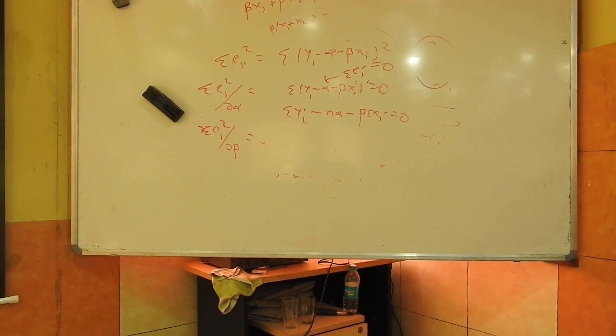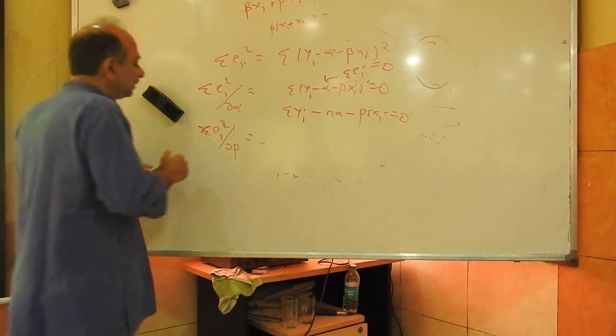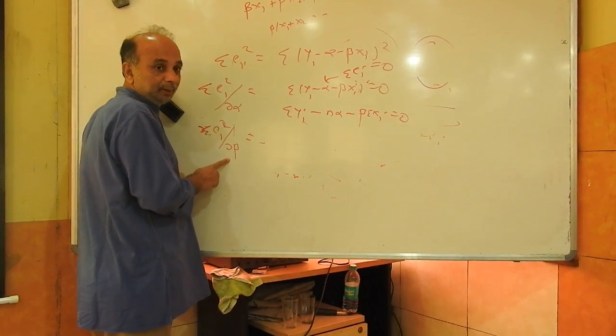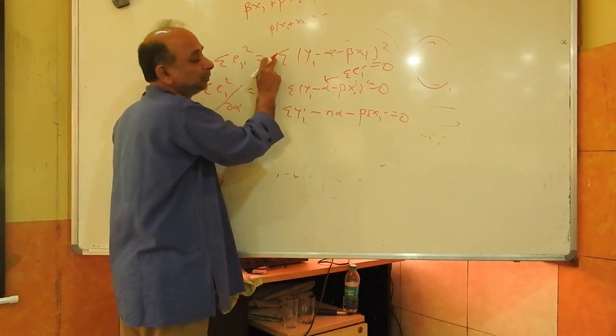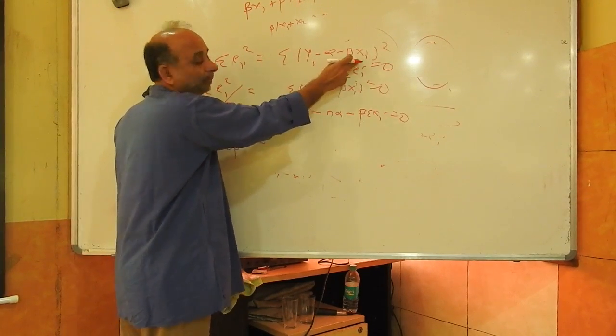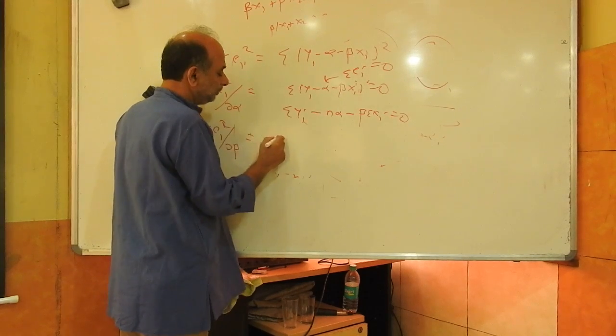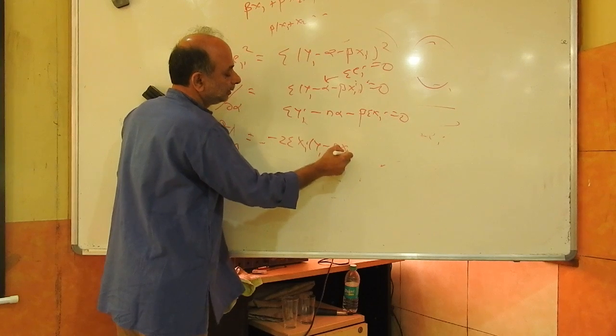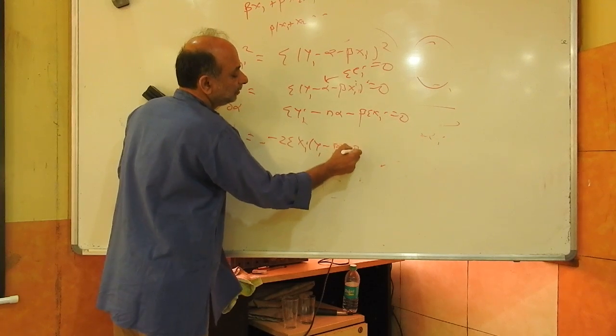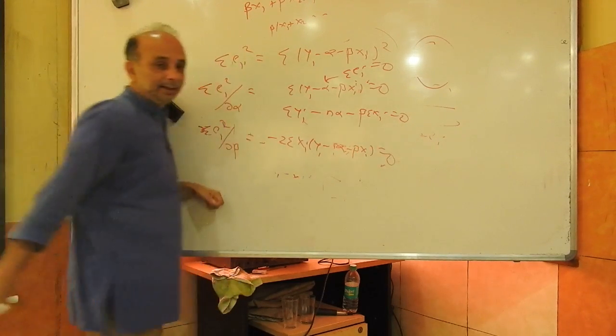Right? And please remember, that's going to be the more modern kind of approach. So if I take the derivative of ei square by d beta, what will I get? 2 will come out in the front, minus will also come out, x will remain here. So I'll get -2 summation xi (yi minus alpha minus beta xi) is equal to 0.